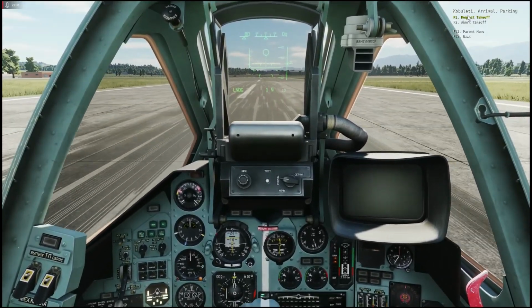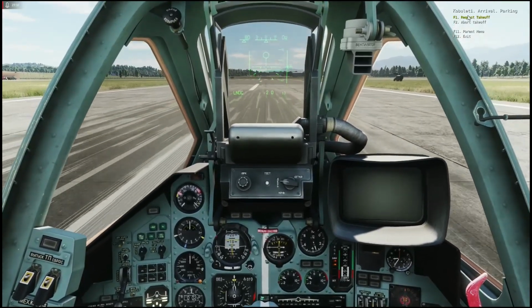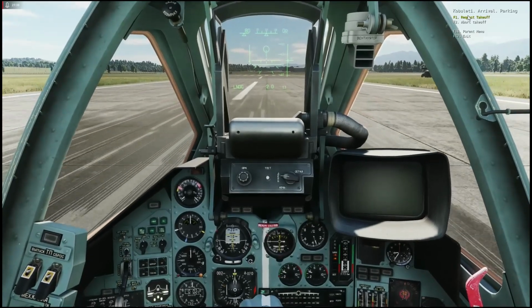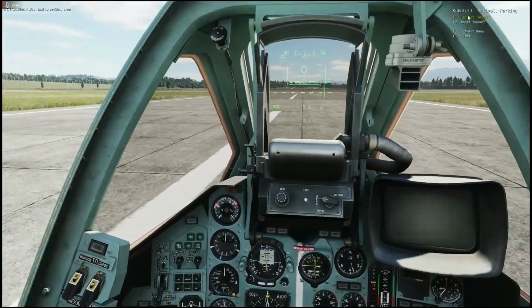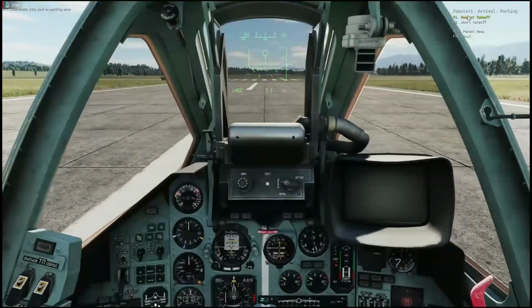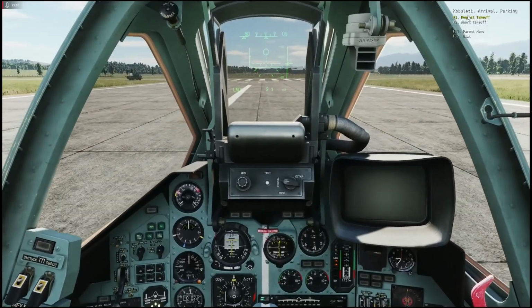Now we successfully navigated between 3 waypoints using all 3 instruments individually and together, and we landed.